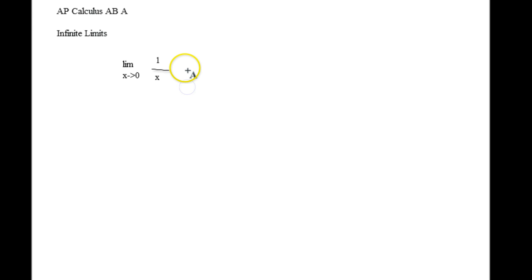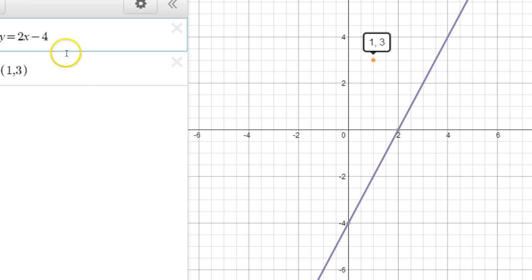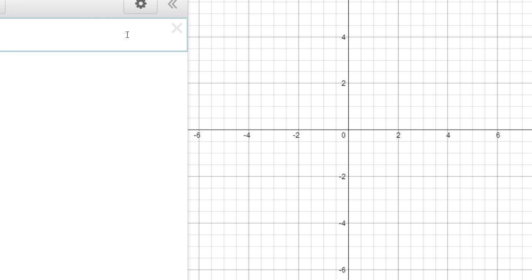We take a look at it from the left-hand to the right-hand side. I'm going to go to Desmos, if I can find that button. There we go. So, 1 divided by x.